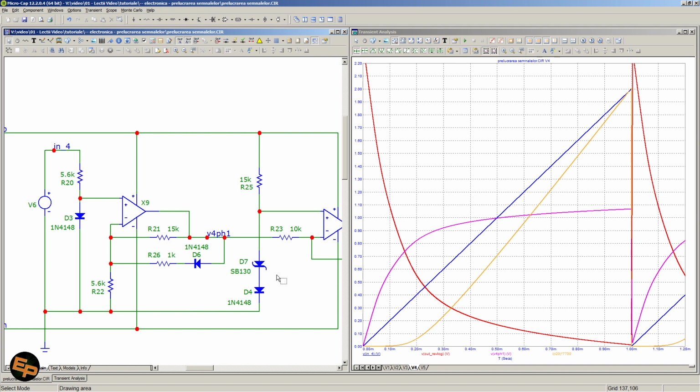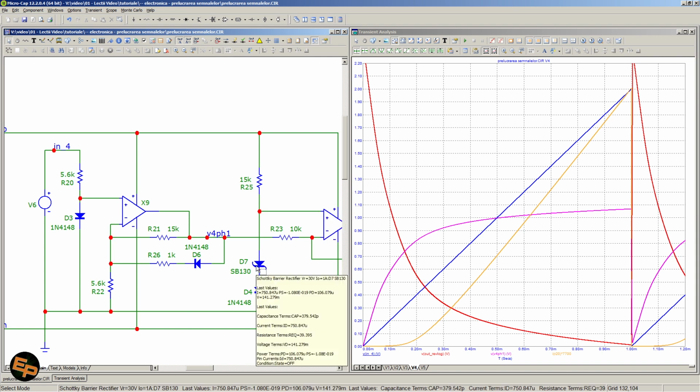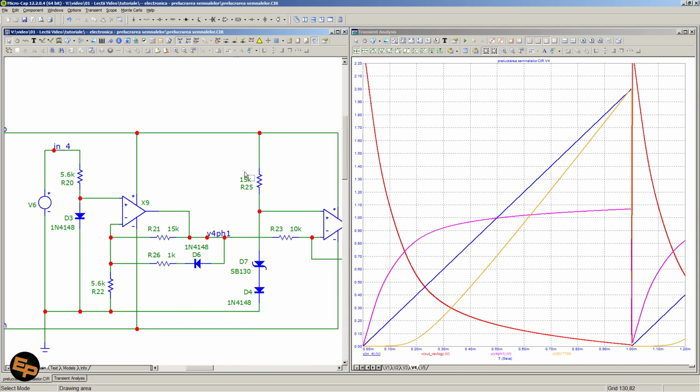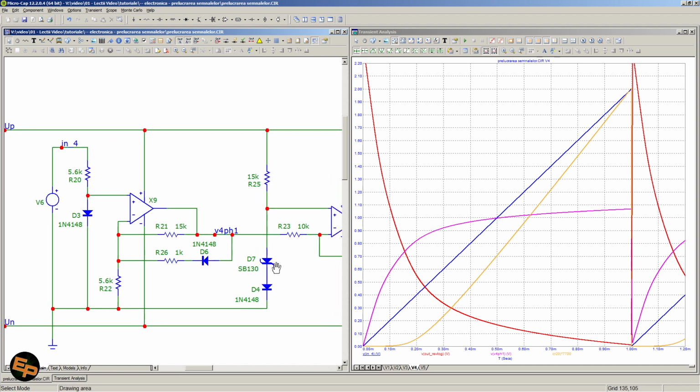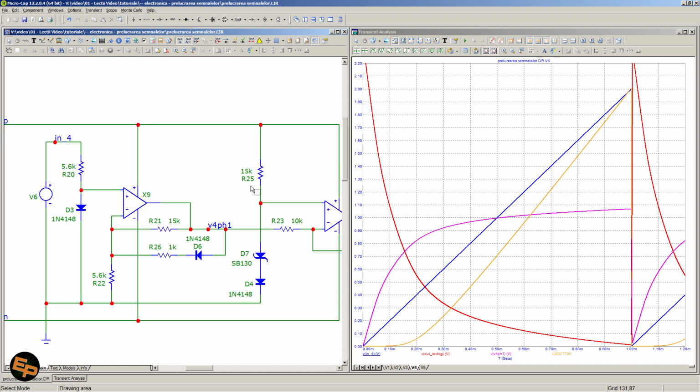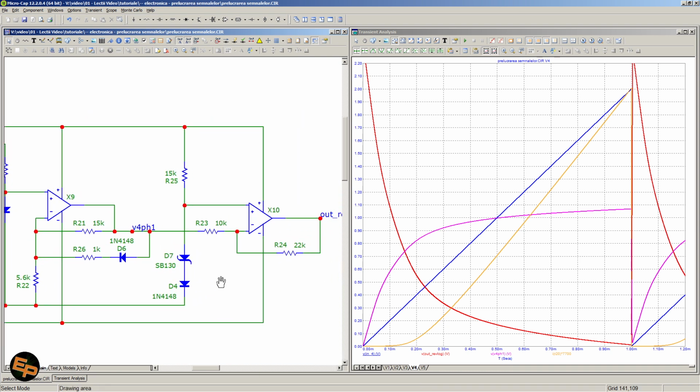So I've placed these 2 diodes, a rectifying diode and a Schottky diode, in series with a resistor. Again, these are used so that a certain current passes through them, and therefore they develop a certain voltage across them that can be taken as a reference.